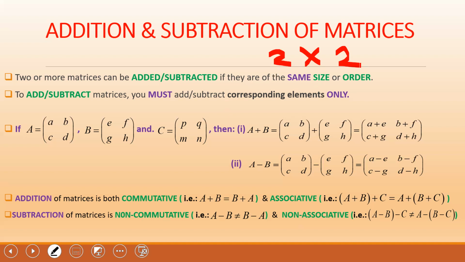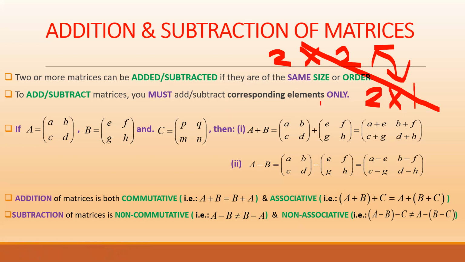I can add a 2 by 1 matrix with another 2 by 1 matrix. However, I cannot add a 2 by 2 and a 2 by 1 matrix, right?